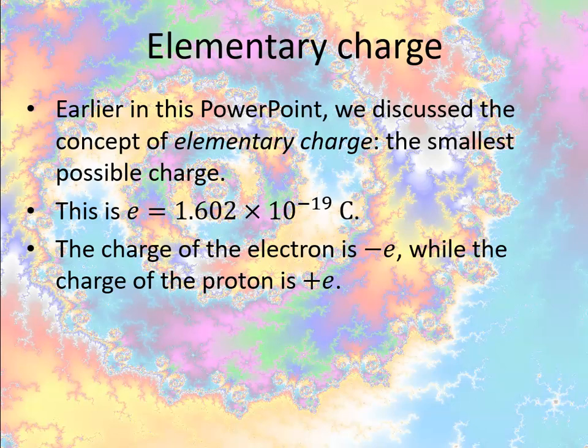That is the magnitude of the electron's charge. The elementary charge is about 1.6 times 10 to the minus 19 coulombs. Remember, the electron's charge is negative, so the charge of the electron is negative e. Do not confuse the symbol e for the electron. The symbol e here stands for elementary charge. So this is the smallest possible unit of electric charge, at least that you would really be able to isolate.